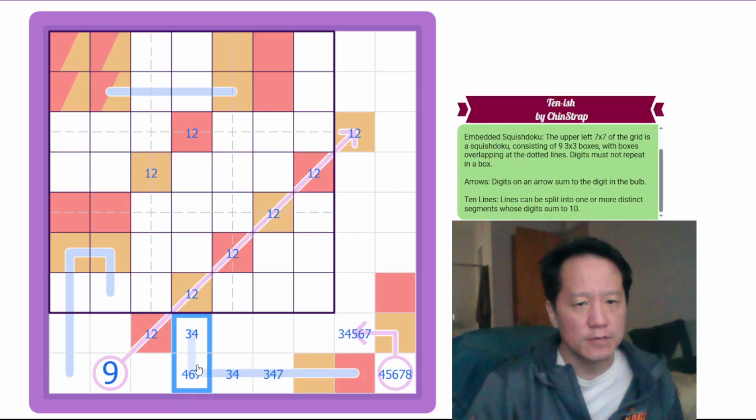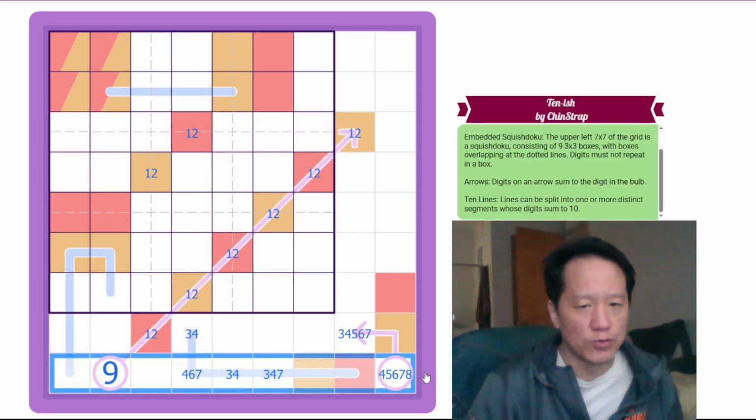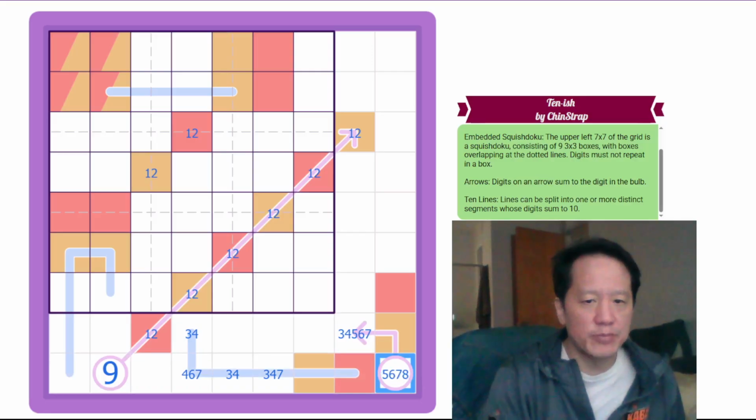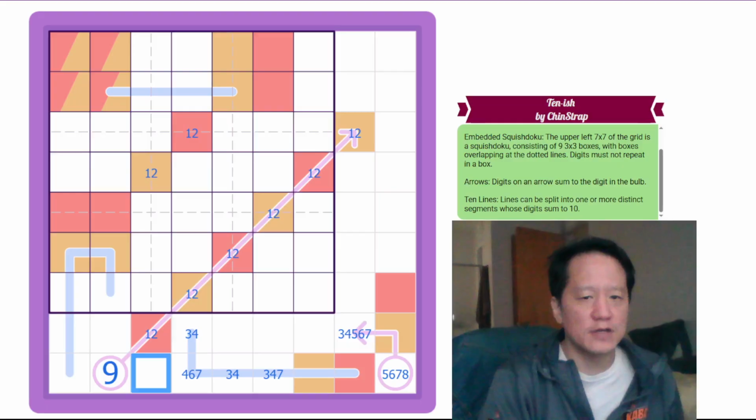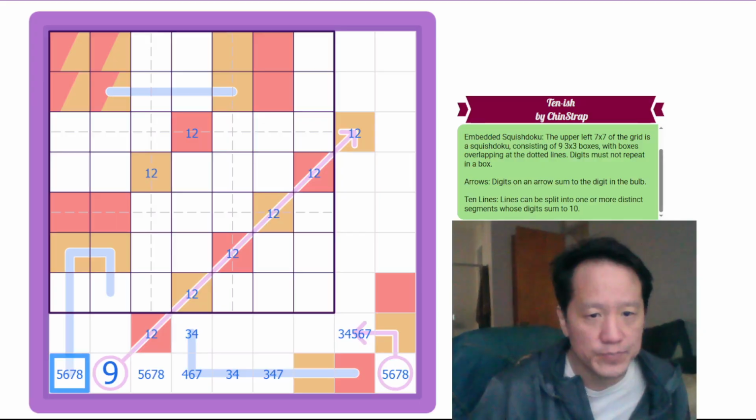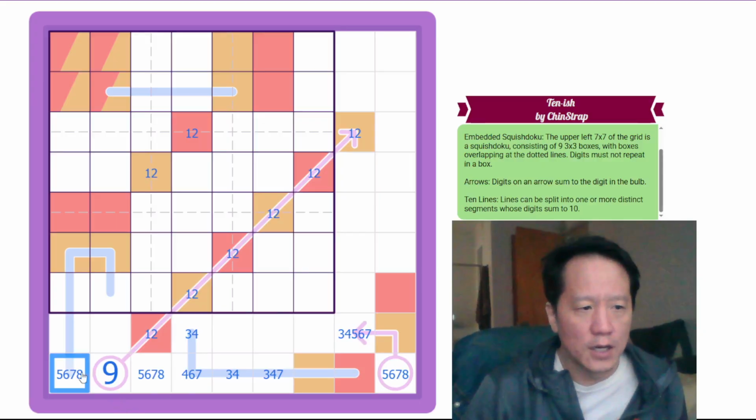Which again means 3 and 4 cannot be in the rest of row 9. So this cannot be 4. We have 5, 6, 7, 8 as possibilities there. But 5 cannot be here, right?